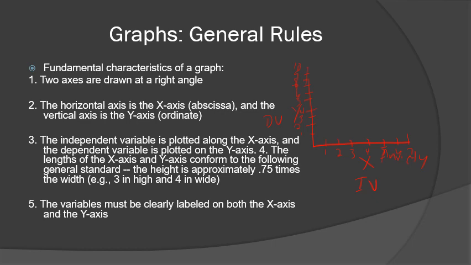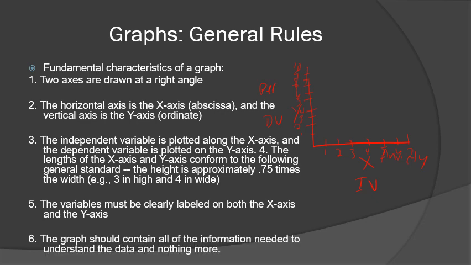So it goes up there. The point is we've got performance there. You need to clearly label your axes. And the graph should contain all information that's needed to understand the data and nothing more beyond that. So what's on the graph is what's needed, but you shouldn't have anything extra.